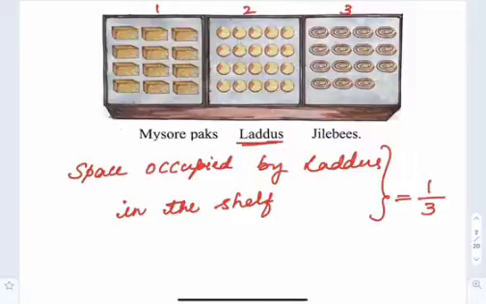Now, as a shopkeeper, assume I have sold 8 laddus out of the total number. How many laddus are there? 1, 2, 3, 4, 5. 5 columns and 4 rows gives me 20, correct? Out of 20 laddus, I imagine that I want to sell 8 of them. So what would be the fraction?